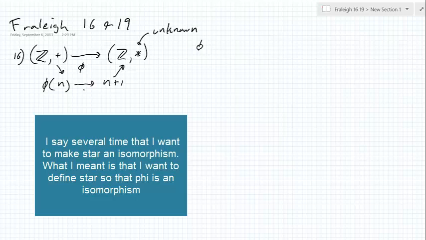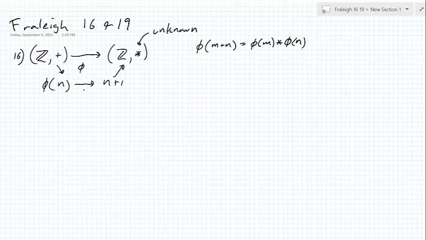We should be able to take the sum of two elements in Z, m plus n, and apply phi to it, and that should be equal to phi of m star phi of n. That's the homomorphism property. If it's a one-to-one and onto map and satisfies the homomorphism property, then it's an isomorphism.